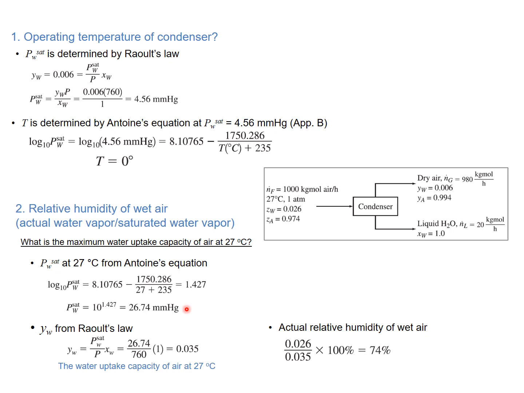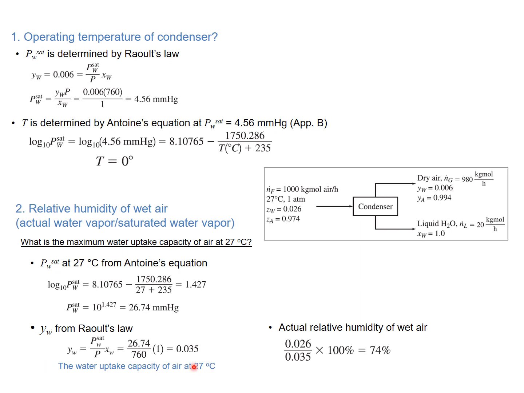This is the maximum value of the pressure of water. Right now, by using this saturation pressure, we can calculate the vapor phase fraction of water. This is the maximum value in terms of the mole fraction of water, or it can be considered as the water uptake capacity of air at 27 Celsius degree.